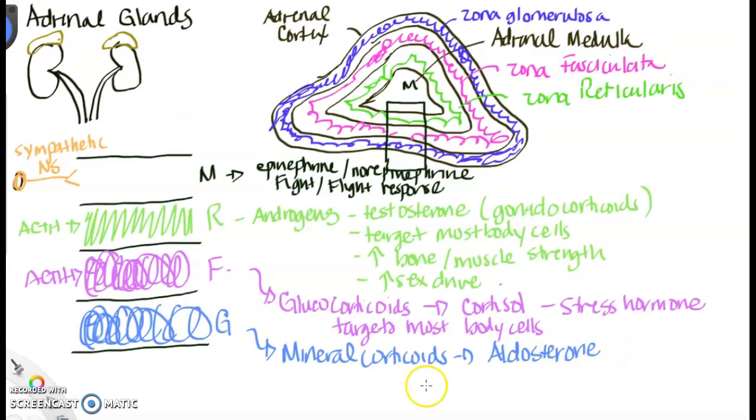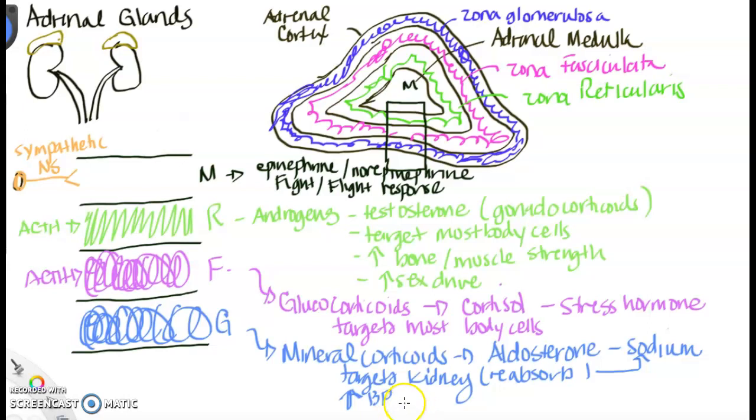And aldosterone targets the kidney. Whenever you see aldosterone, you should think sodium, because it tells the kidney to reabsorb sodium. It increases blood pressure, and it increases blood volume.